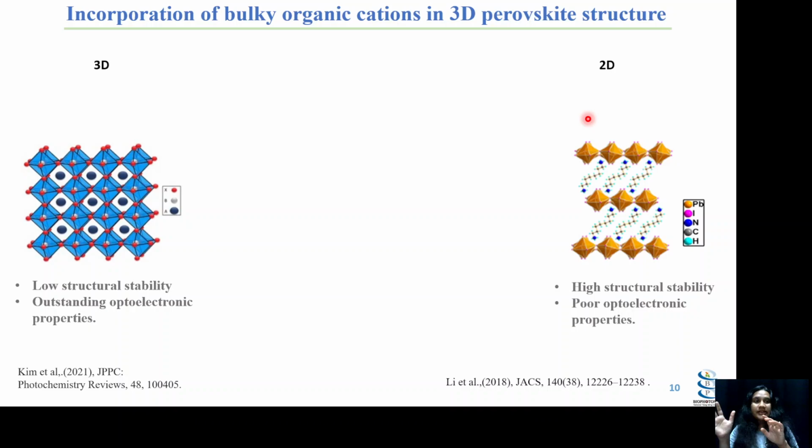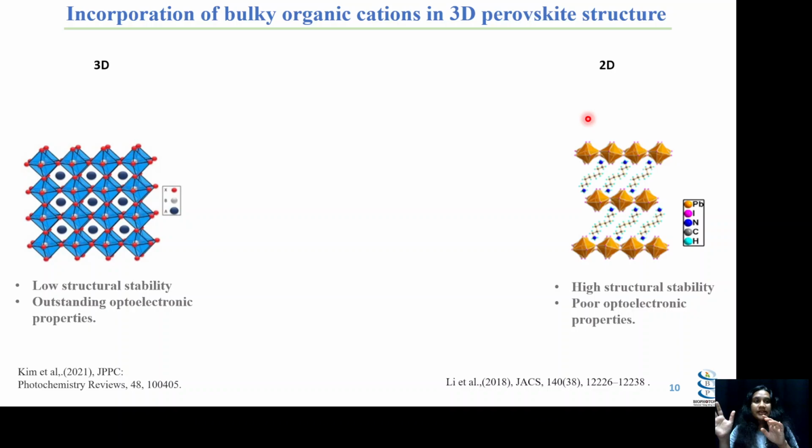How would we achieve this? By increasing the concentration of organic cation starting from 3D. So we take a 3D perovskite like FAPbI3 and then dope some concentration of a bulky organic cation, which is divalent, into it.